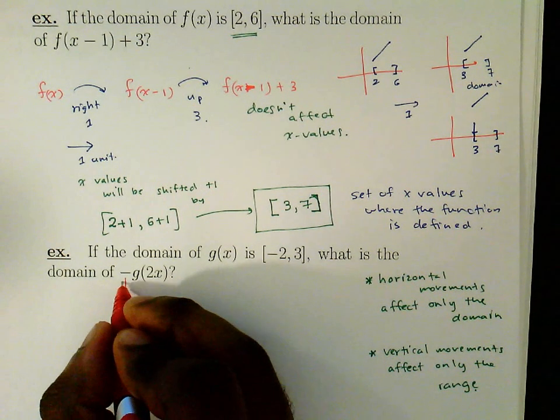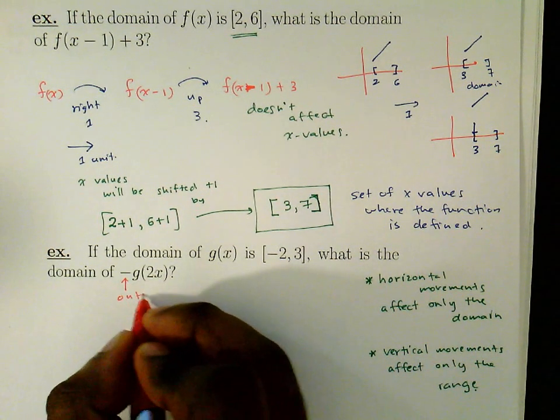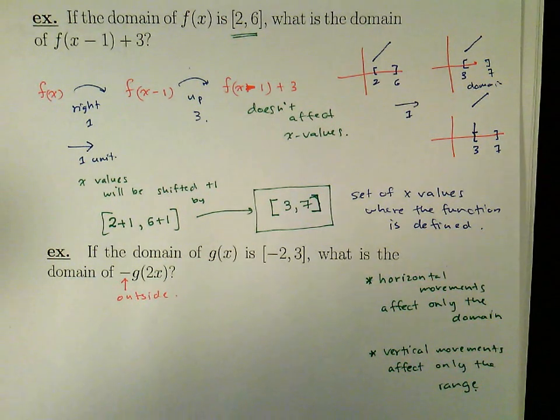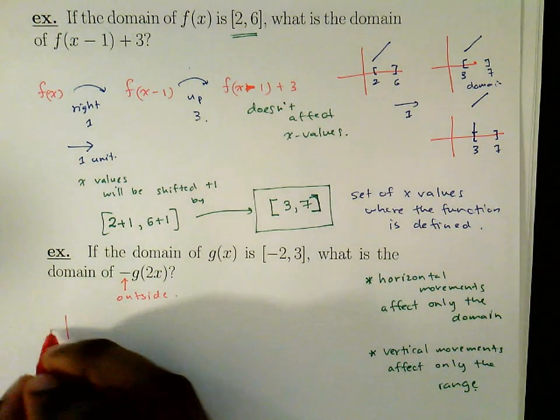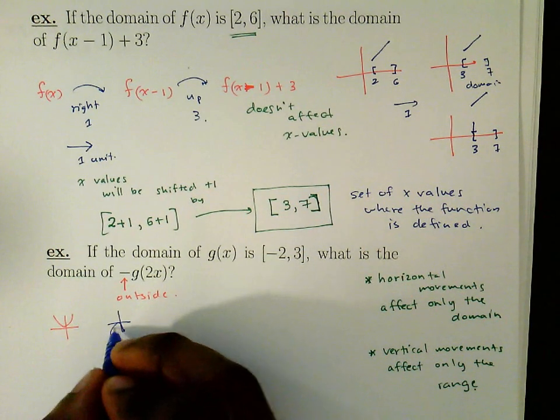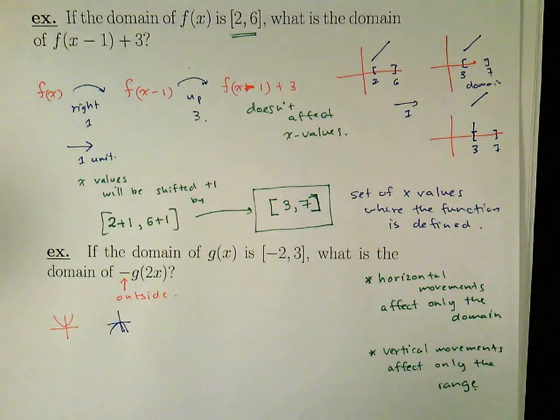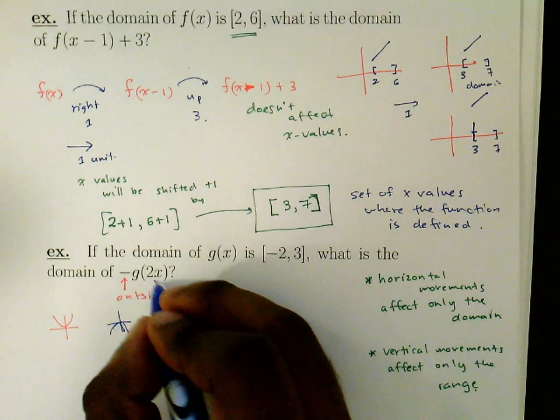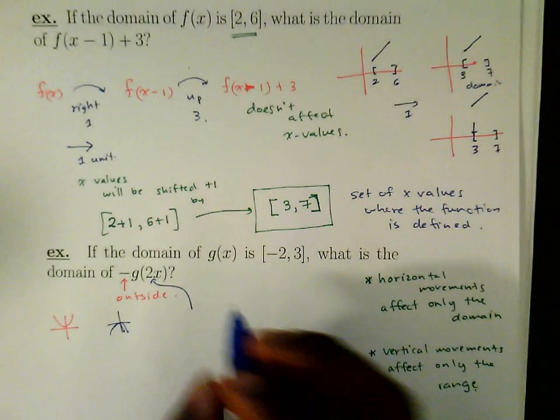This is outside, and that's a flip with respect to the x-axis. You have the function like this, it would be like this. It's a vertical movement, it doesn't affect the domain, so we can just ignore that. Now this though is a horizontal movement.